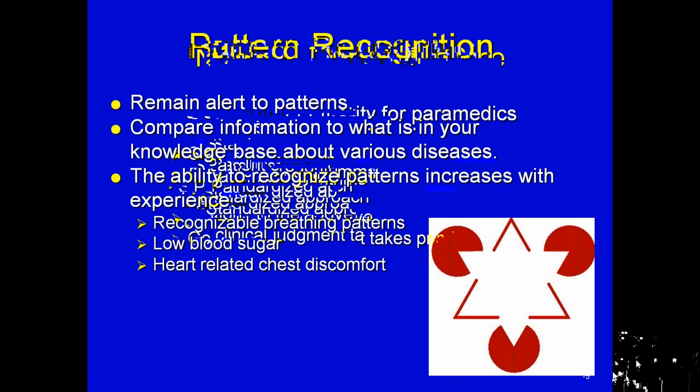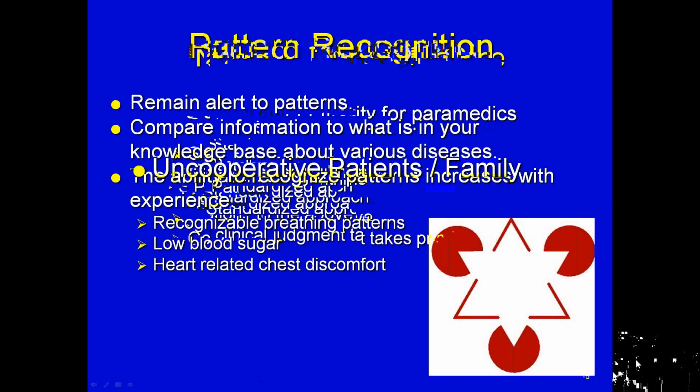Some factors that influence your ability to make good decisions, we're back to that personal attitude and your biases. If it's 3 o'clock in the morning and you get rustled out of bed for a drunk who's in the ditch, that may not sit well with you, or for a frequent flyer who's fallen and can't get up again, and you arrive on scene, that just may not sit well with you, and as a result, you don't think it would, but it may affect the way that you provide care.